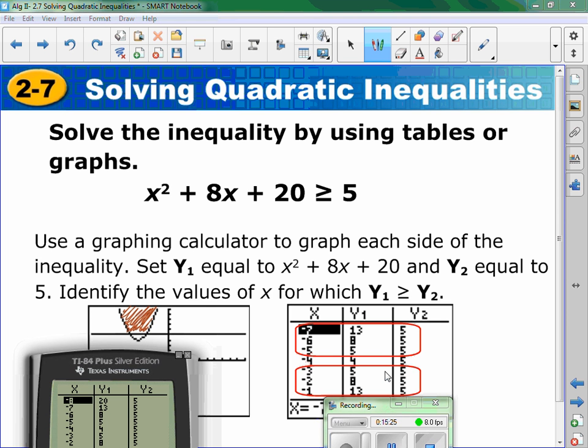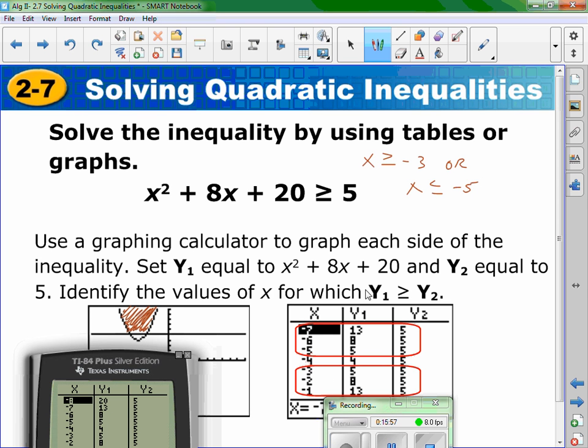But then when I'm back to the negative 5, it's good. So what this is saying, in between negative 3 and negative 5 does not work. So I have x has to be greater than or equal to negative 3, or x has to be less than or equal to negative 5.